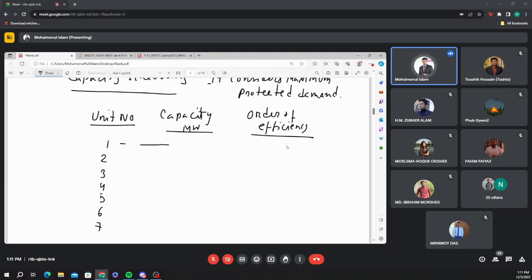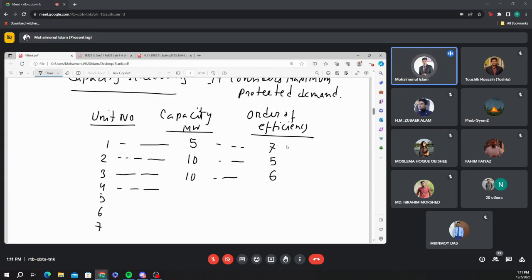For unit 1, the capacity is 5 megawatt, and it has the order of efficiency 7th. This is the last generator you need to turn on. The second unit may have 10 megawatt capacity, and the order of efficiency 5. Suppose you have another 10 megawatt capacity generator, with order of efficiency 6.